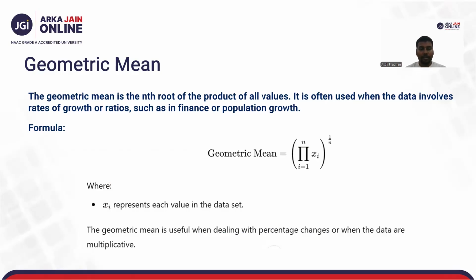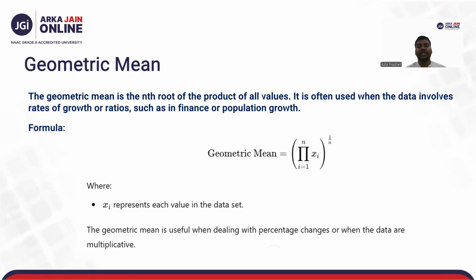The formula for the geometric mean, as you can see on the screen, is in the form of Pi, with i starting from 1 to n, of xi, where n represents the number of values in the data set.